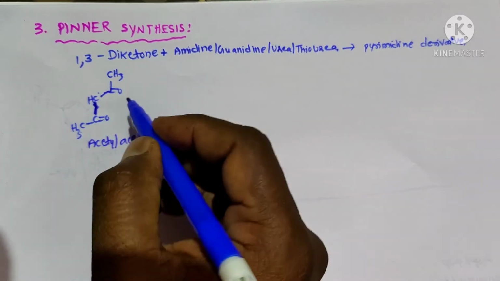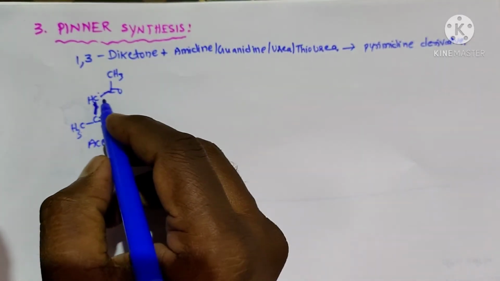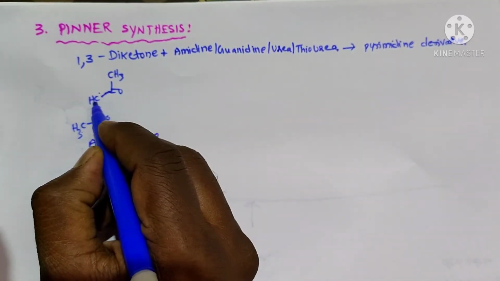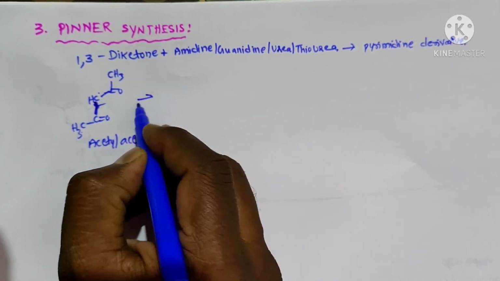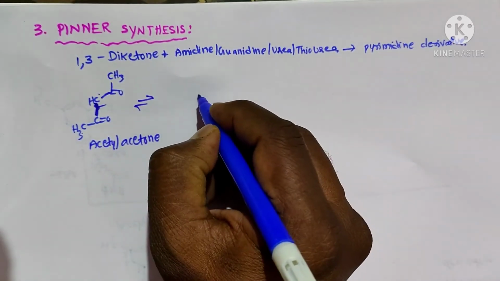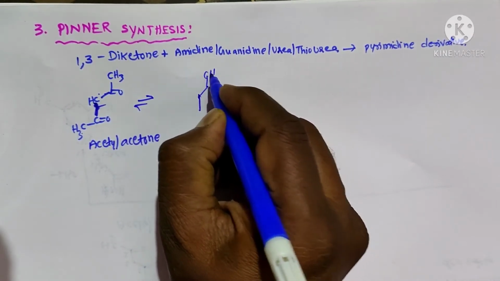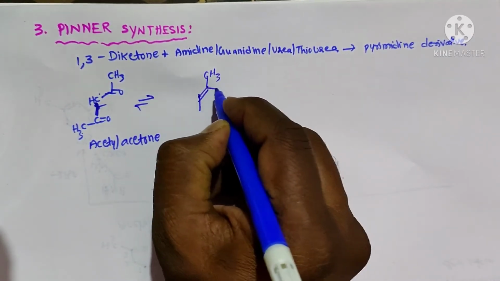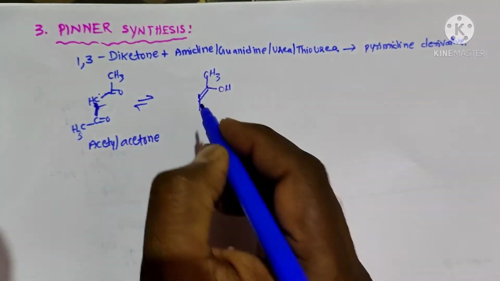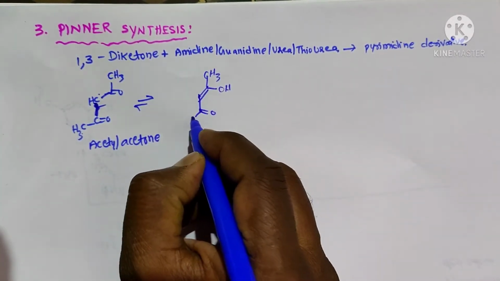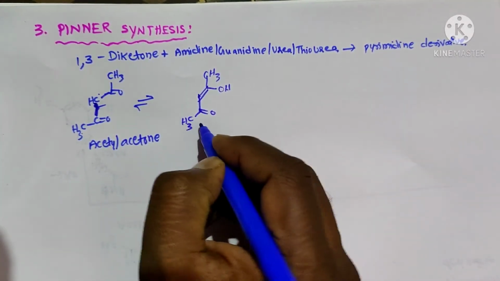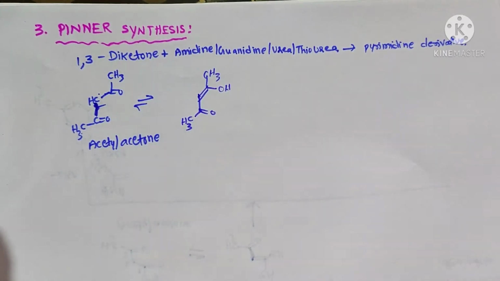We know very well that this undergoes tautomerism, so we can write its tautomeric structure like this. Look here. So this is the tautomer of acetyl acetone.